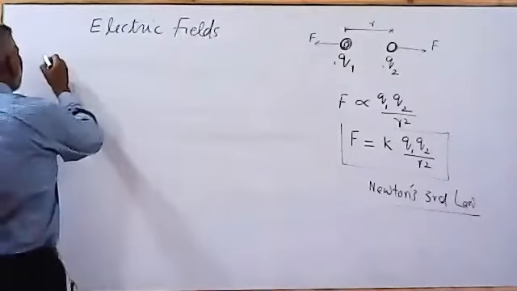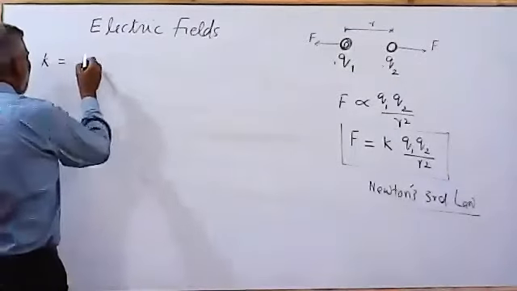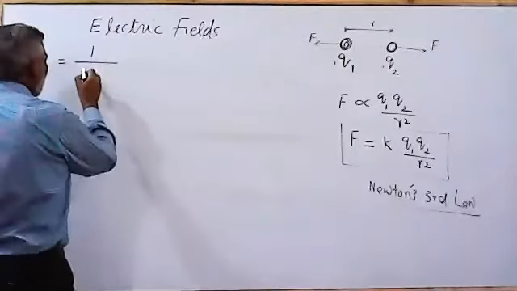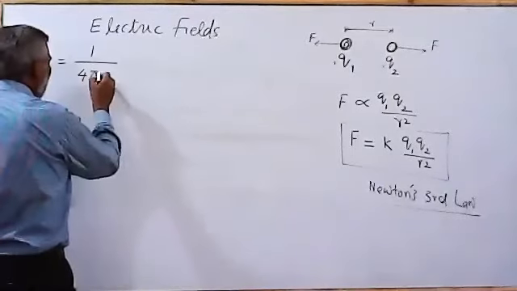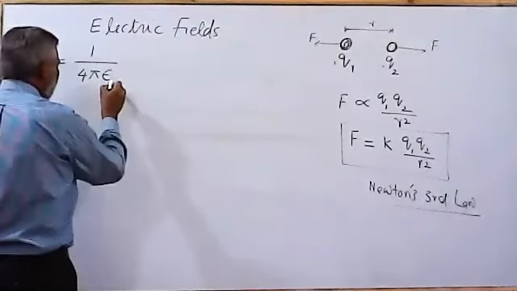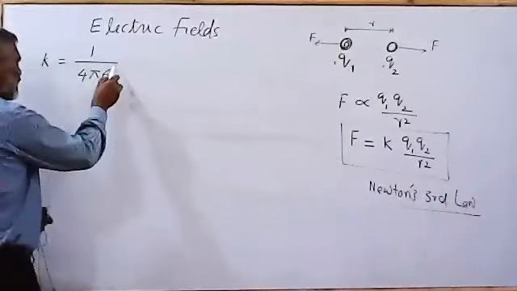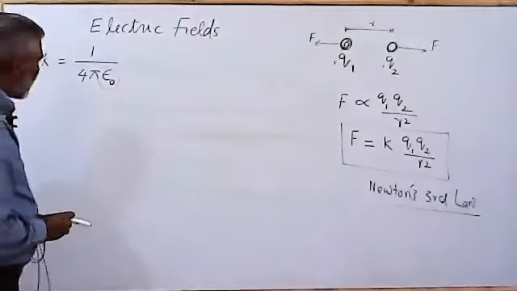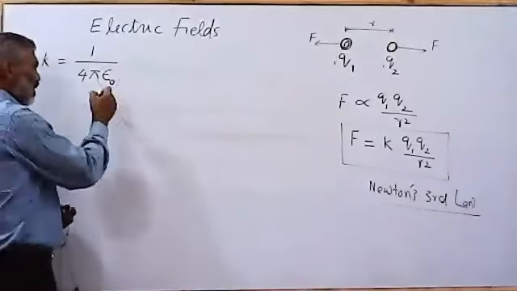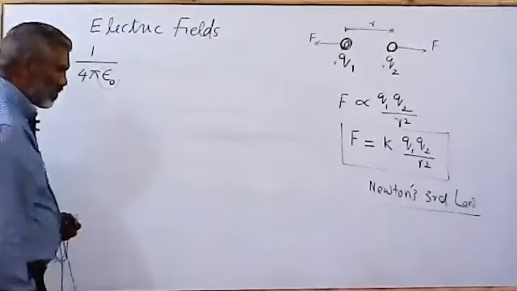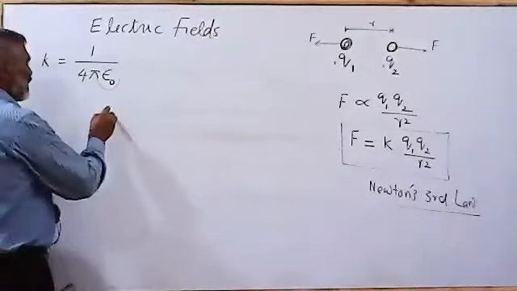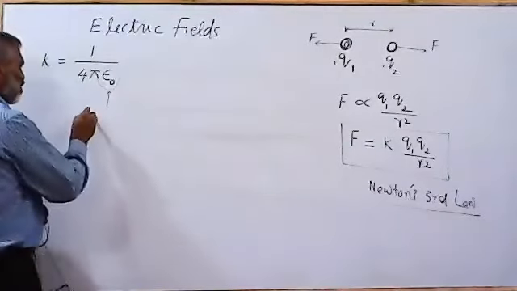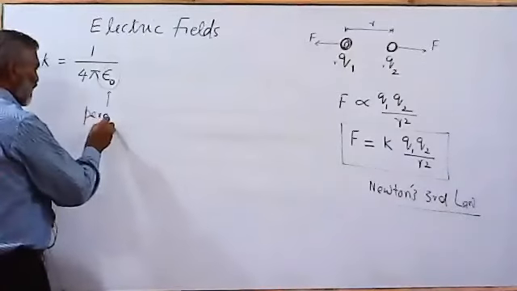This constant K is actually 1 over 4 pi epsilon naught. This epsilon is a Greek letter, and this small index 0, we read it as epsilon naught. This is the permittivity of free space.